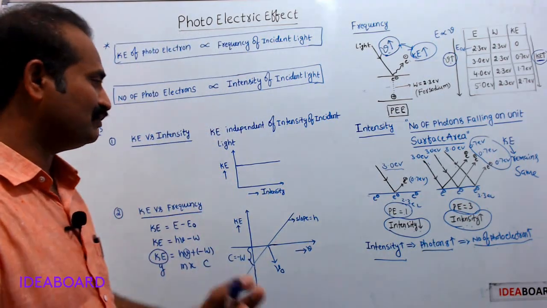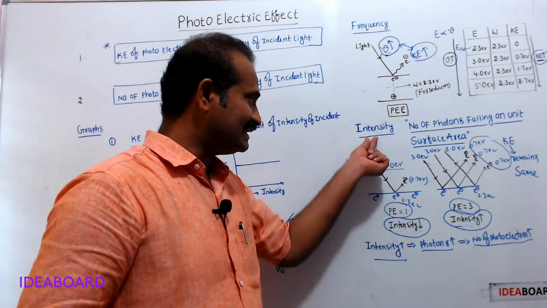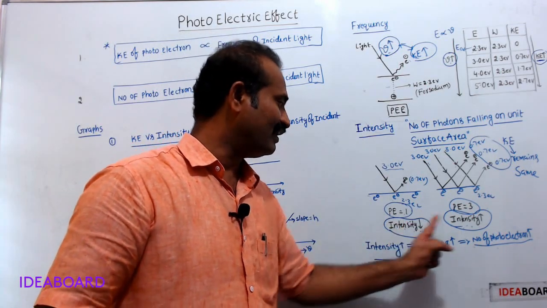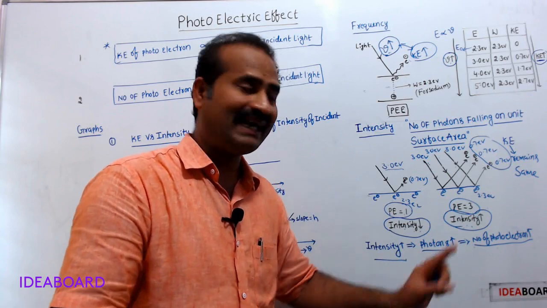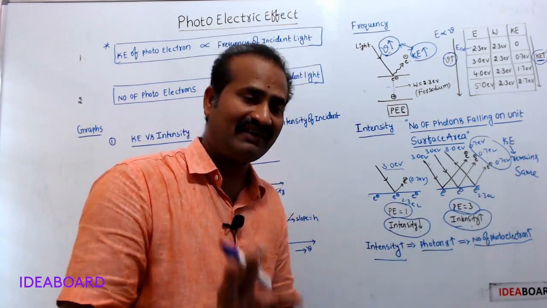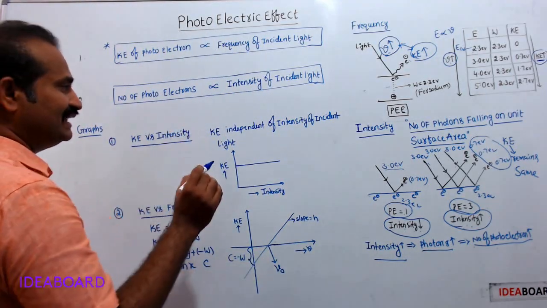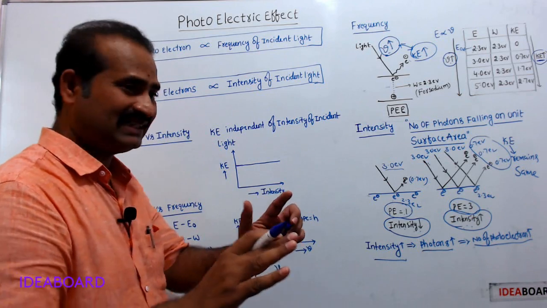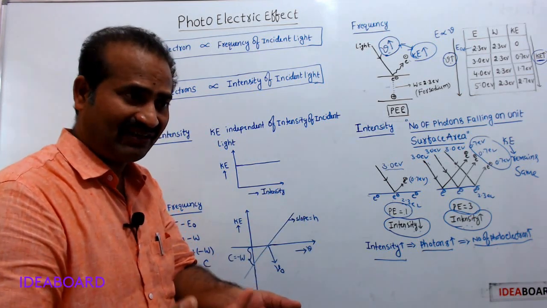Therefore, we need to remember 2 points. As intensity increases, the number of photoelectrons increases, that much only, but the kinetic energy of the photoelectron does not change. Important point: intensity does not increase the kinetic energy of the photoelectron.